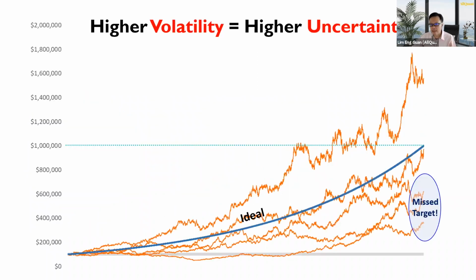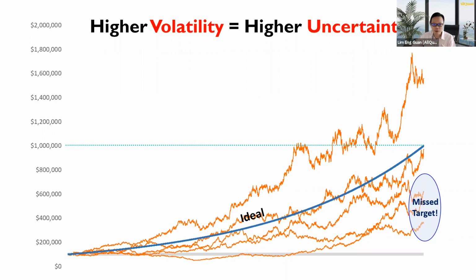To get a sense of what I meant by that, just look at this slide. What you have here is a blue path that goes up at a constant rate to hit $1 million, which let's assume is your target. This is the ideal path that you want to take, just straight up, no fluctuations, no nightmare. Then along the way, you have many other orange paths. These orange paths are all possible paths that are generated using a high volatility.